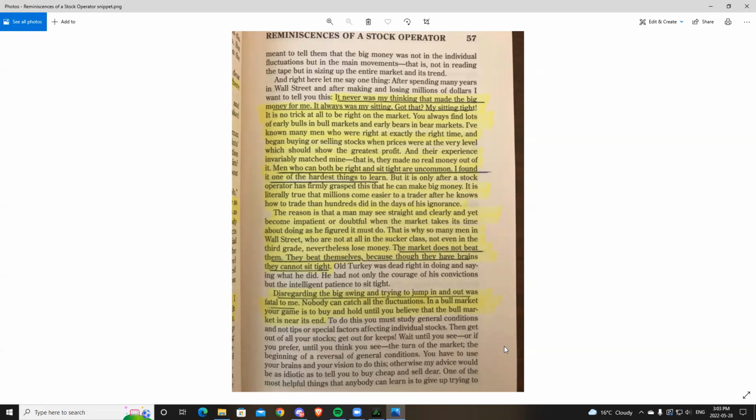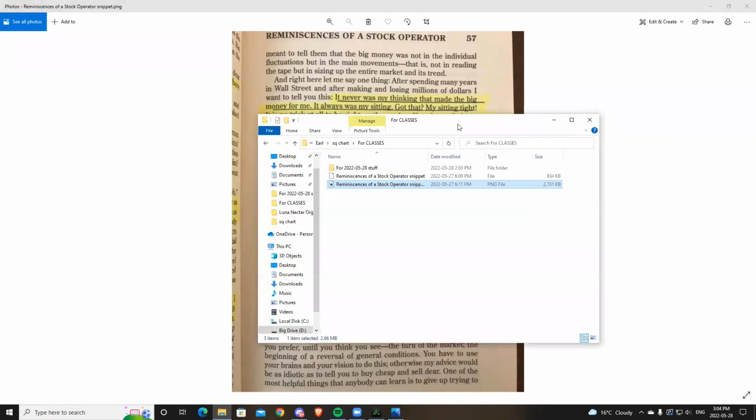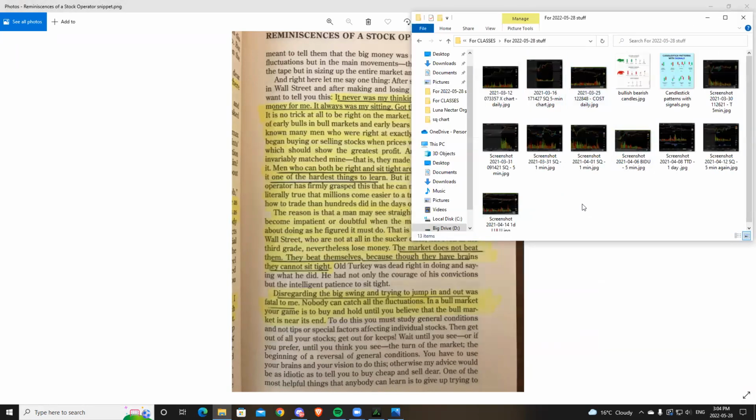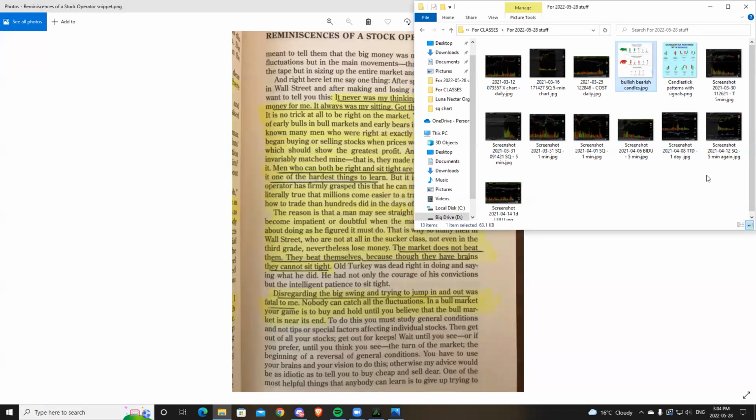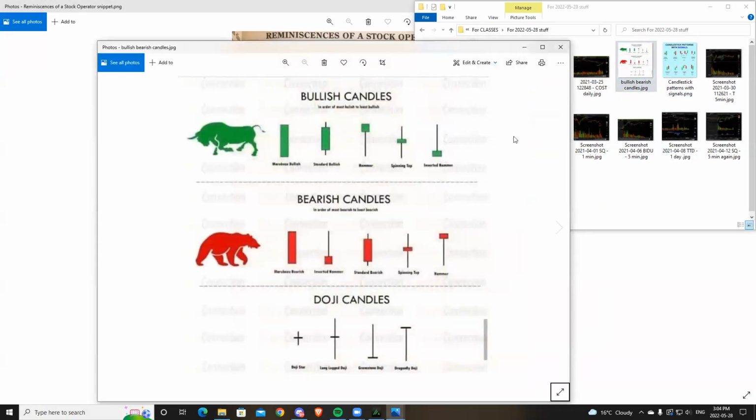I would say it's probably not the most difficult strategy out there, but you just really have to sit tight. So we'll go through some of the trades that I've done back in the past.